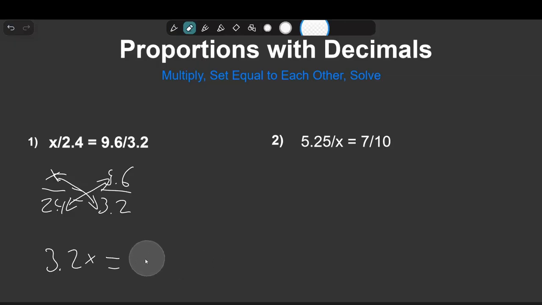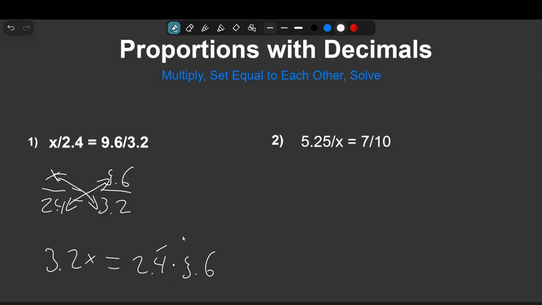Or, you know what? Let's make it with more steps, just so you guys can see what I'm doing exactly. So we have 3.2x equals 2.4, and we're going to use a little dot for multiplication, times 9.6. So now what we have to do is solve 2.4 times 9.6.